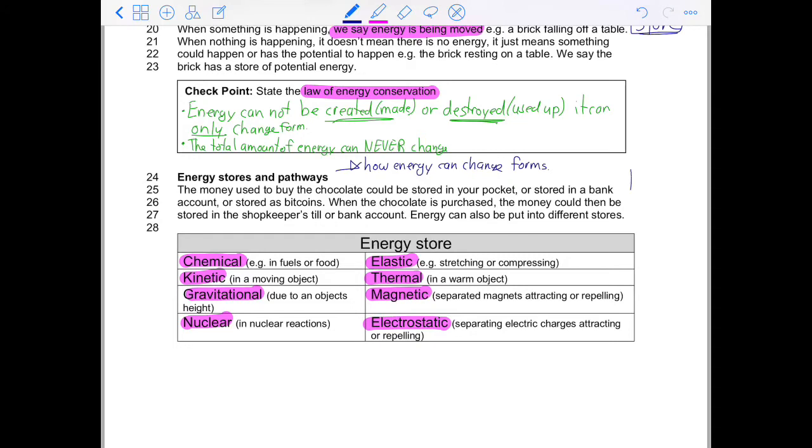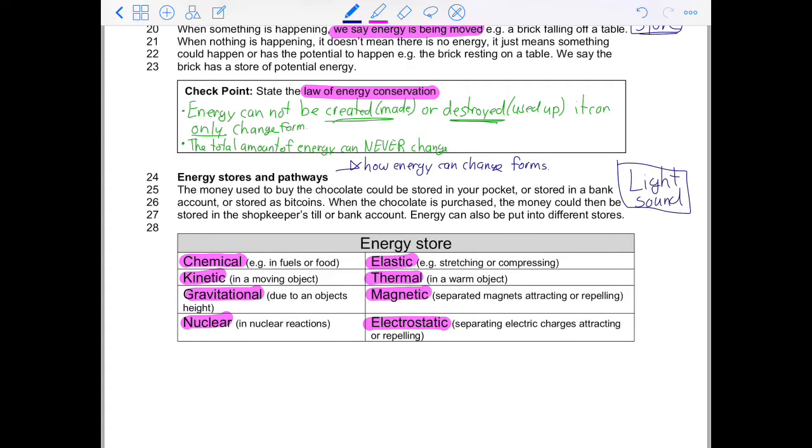For example, we can have energy as light or sound, but you can't hold energy in light or sound. But you can have light energy and sound energy that comes off of something or goes into something and becomes another store again. Just want you to keep those in your head.